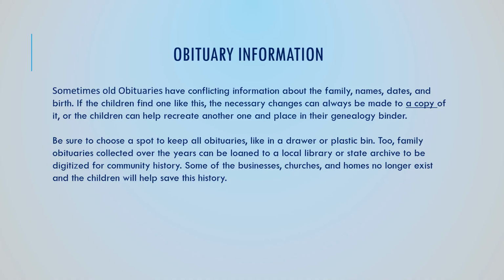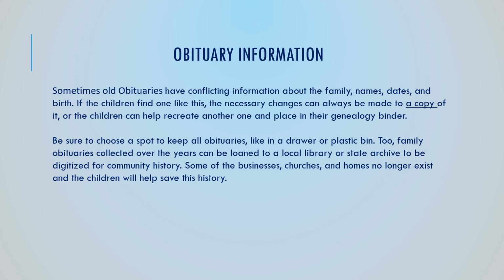Sometimes old obituaries have conflicting information about the family, names, dates, and birth. If the children find that they have one, after verification, the necessary changes can always be made to a copy of it, or the children can help recreate another one and place in their genealogy binder.